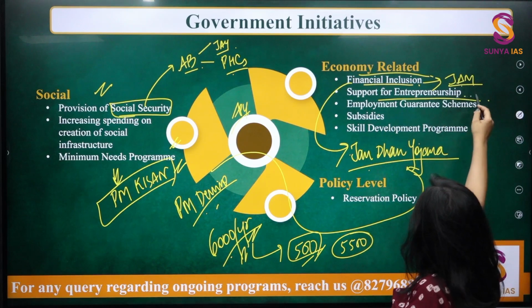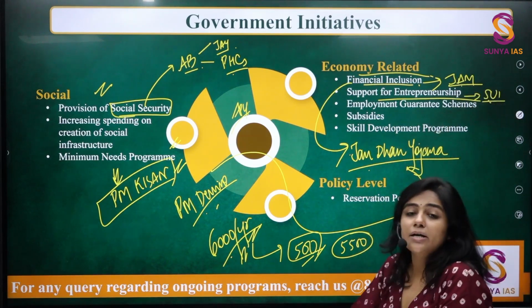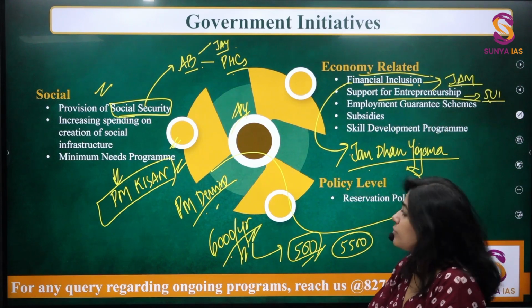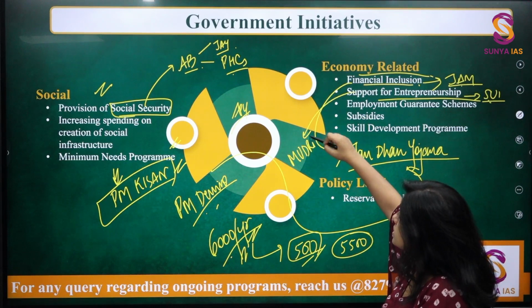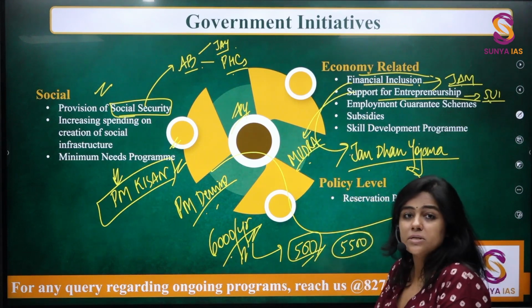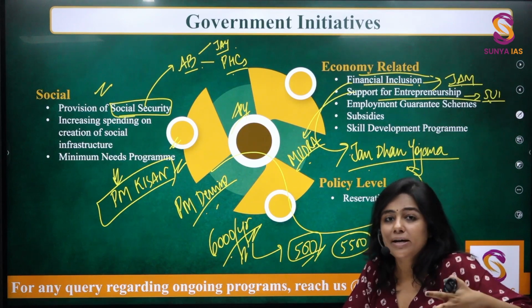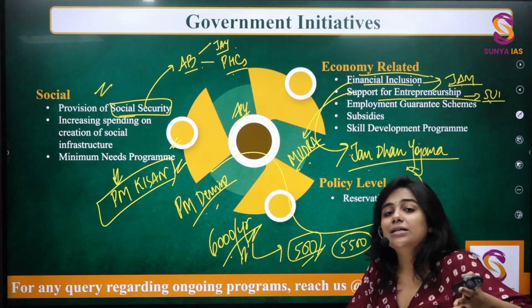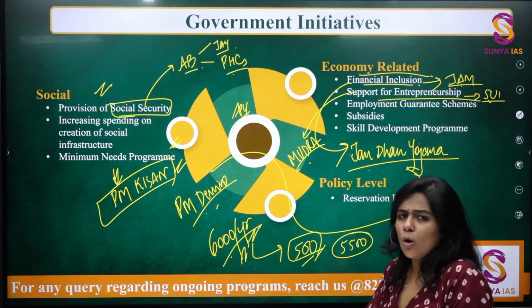Then support for entrepreneurship, there is Startup India scheme, and apart from the Startup India scheme, there is Mudra loans as well. These are easy credit schemes which can give collateral free credit to people who are willing to have that kind of entrepreneurial spirit.